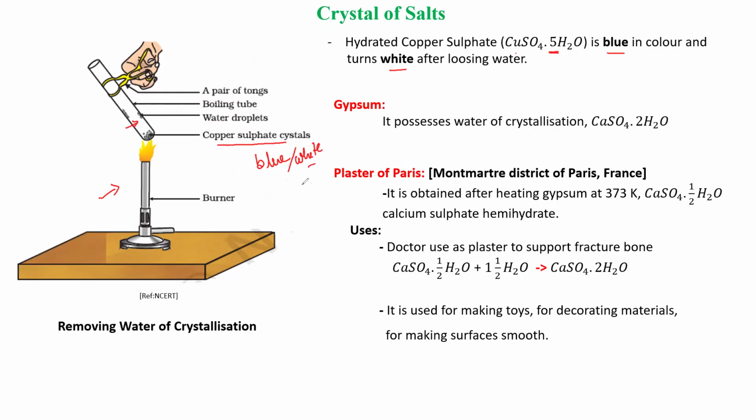Now another crystal is gypsum. It is also very important. It possesses water of crystallization. Here we are seeing calcium sulfate having two molecules of water, CaSO4 dot 2H2O. Now how we are going to use this gypsum is important. This is the plaster of Paris. Why is it called plaster of Paris?